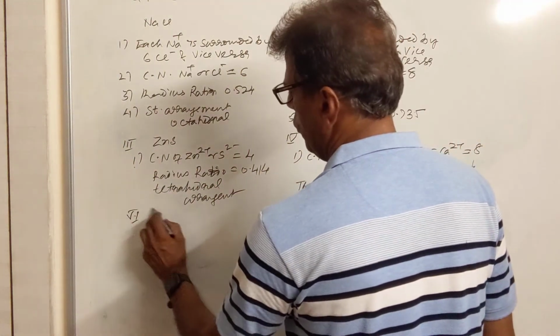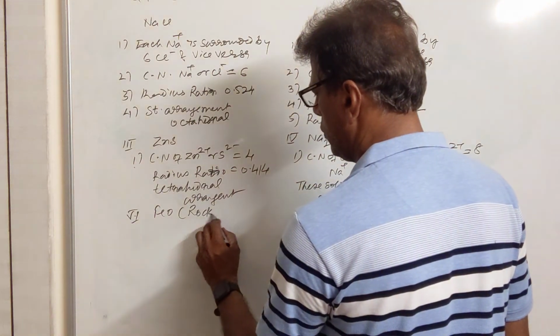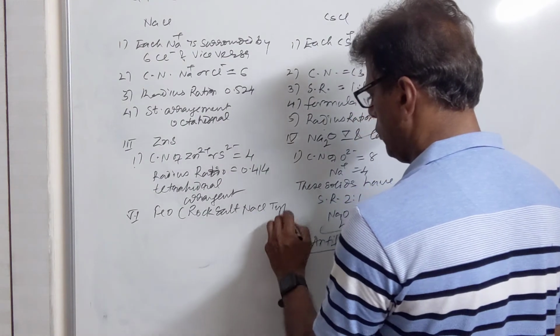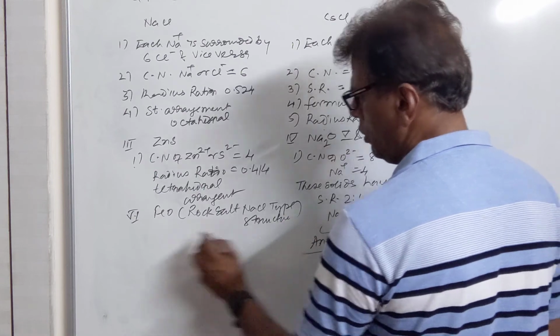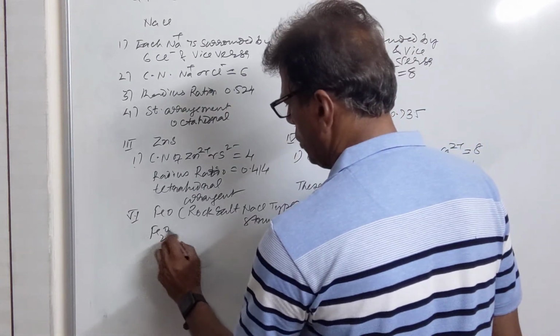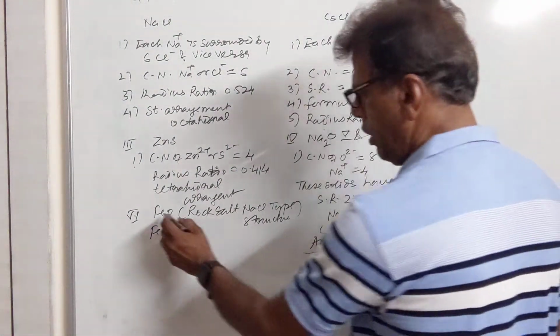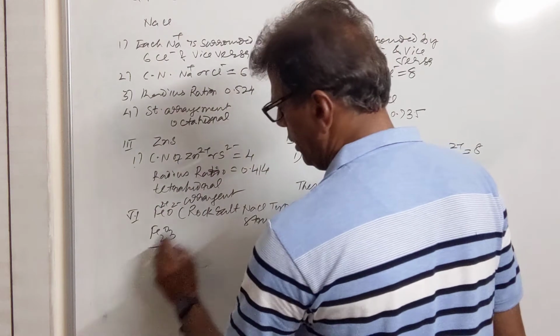Sixth is FeO, like the rock salt structure. It has an NaCl type of structure. If we talk about Fe2O3, if 2/3 of the Fe2+ ions are replaced by Fe3+ ions, we will get this.